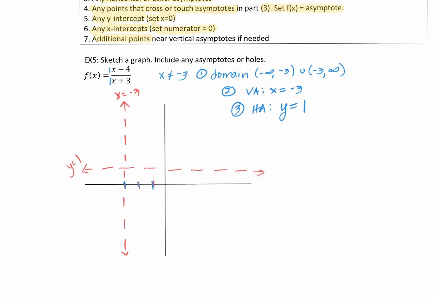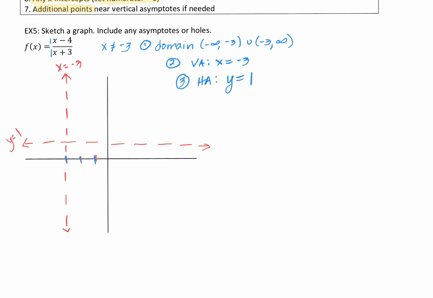So that would be 3. 4 said to find any points that may cross or touch the asymptotes from part 3. So we had a horizontal asymptote. Is it possible for my graph to either touch or cross that? Let's look at what that means. Our function f of x, and I'm going to use y, equal to x minus 4 over x plus 3.